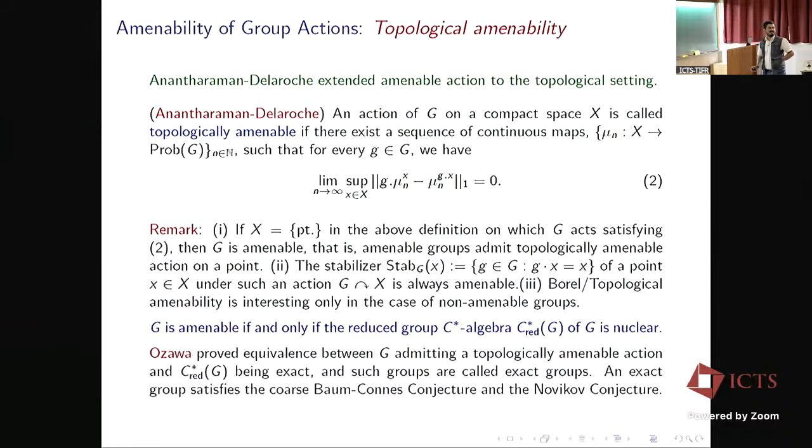It means if we take an exact sequence of C-star algebras and do a tensor product, that sequence remains exact. So this is a useful equivalence of this definition of amenable action. And using that, one can show that if a group admits an amenable action, it satisfies these conjectures.